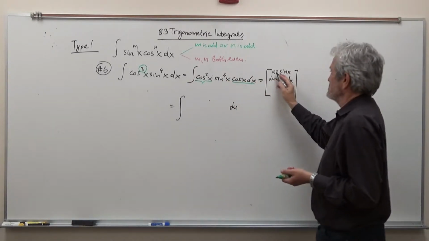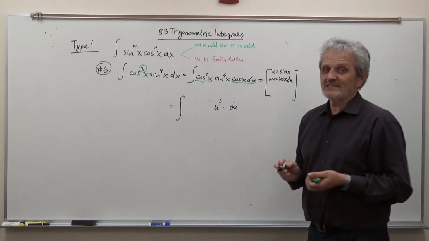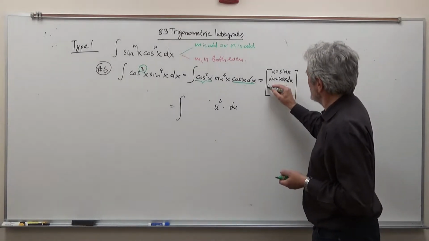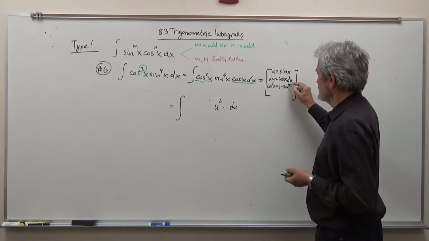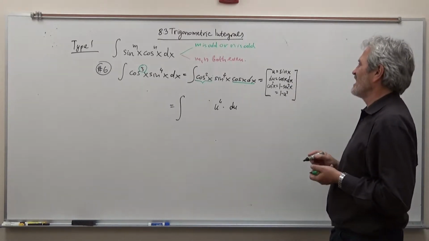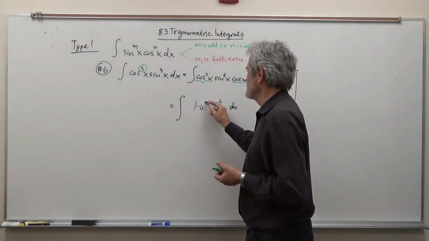Sine is easy to replace because that's a power of u. But cosine is only easy to replace if you have even power. Because then you'll say the following: cosine square x equals 1 minus sine square x, which is 1 minus u squared. If you had the odd power, you would get some radicals, everything would be very unpleasant.